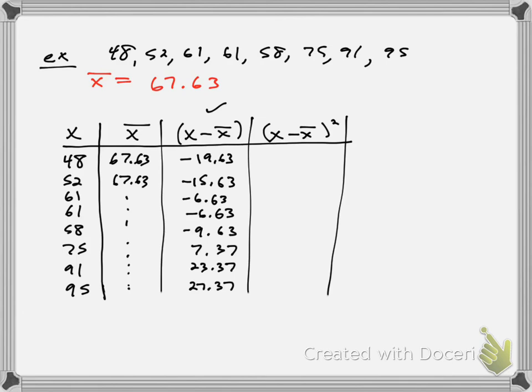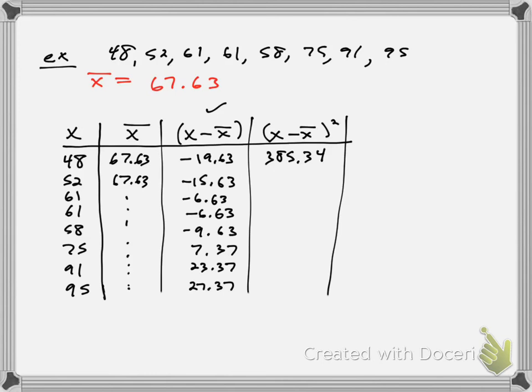Now I would square each of these for the next step. I'm going to go ahead and do that. So it'd be 19.63 squared is 385.34, and then 15.63 squared.